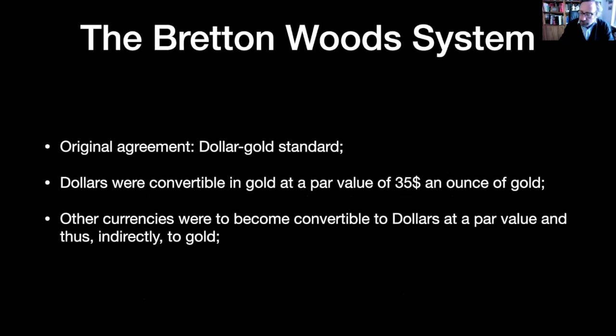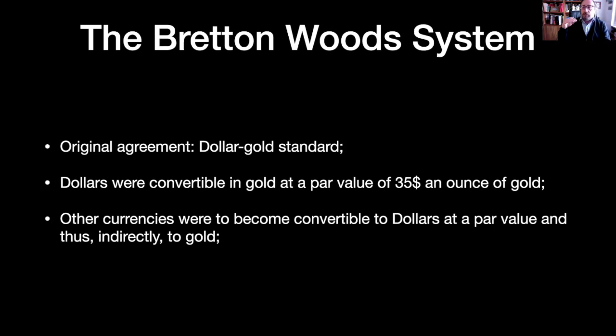Now, the Bretton Woods system was one where, and I'll finish with that, the dollar is the central element. So the dollar is convertible to gold at the same value: a troy ounce of gold equals $35. Other currencies were not directly convertible into gold.